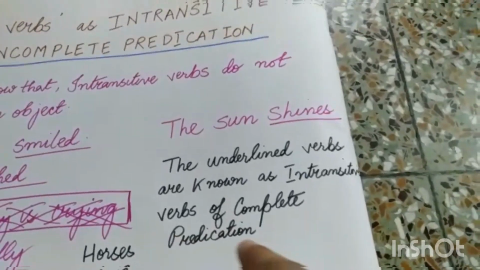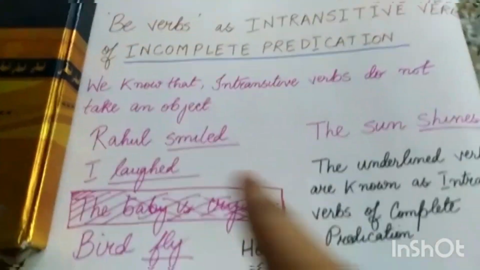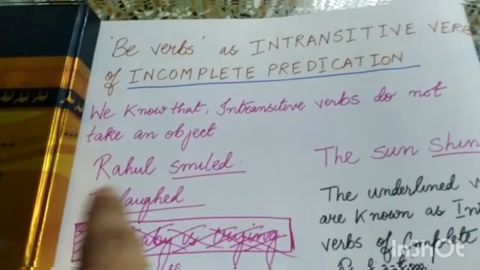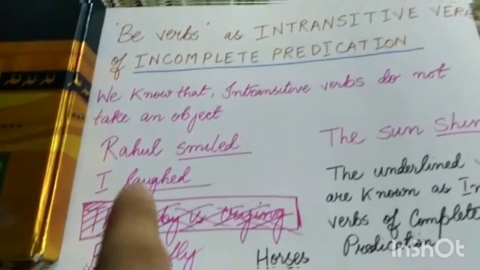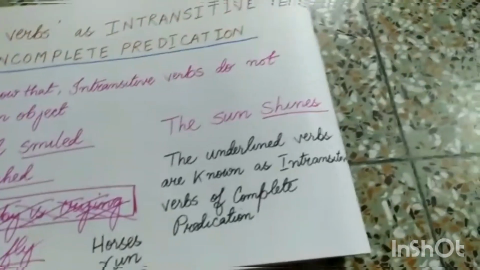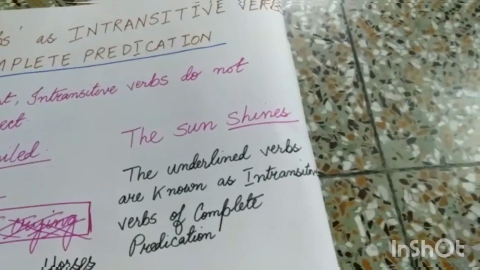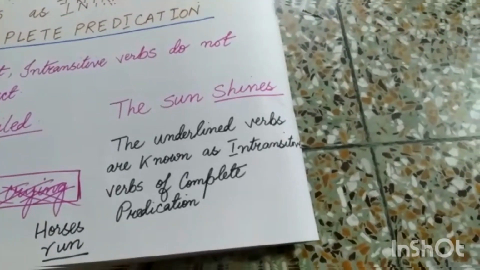Why complete predication? Because here the intransitive verbs are completing the predicate. The meaning is complete over here and there is no need of any other object. The verb here is completing the predicate and it is making complete sense. So these underlined verbs are also known as intransitive verbs of complete predication.